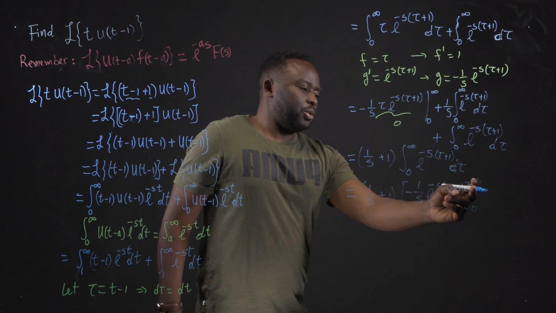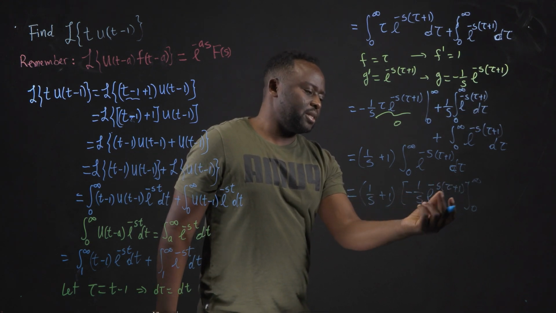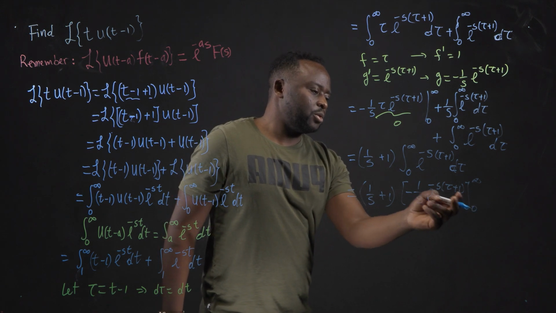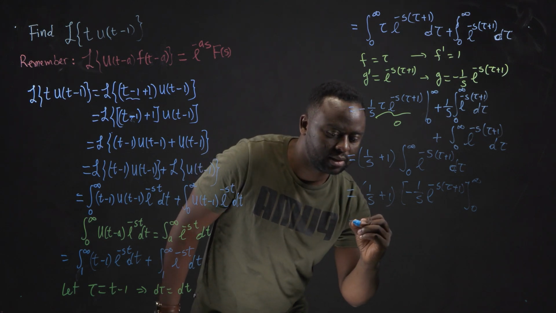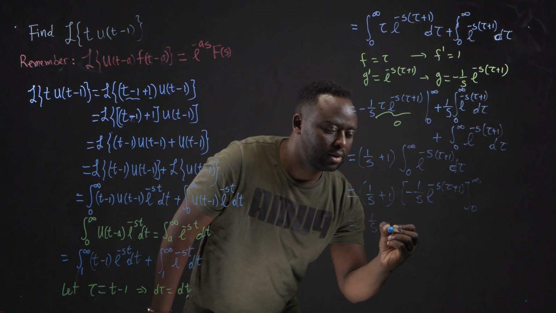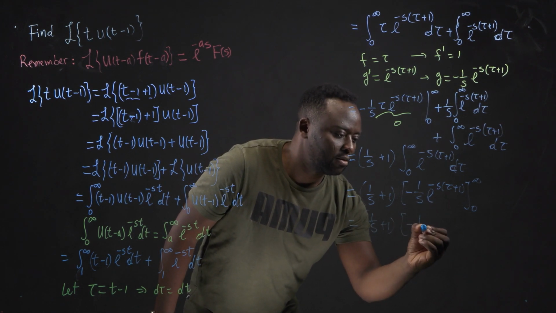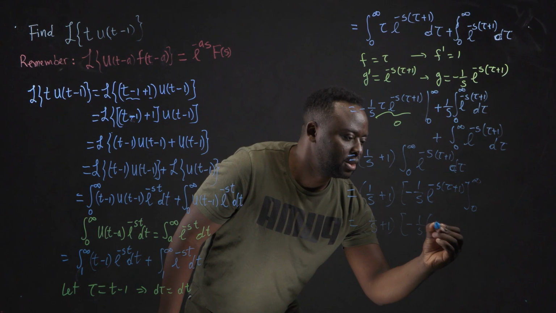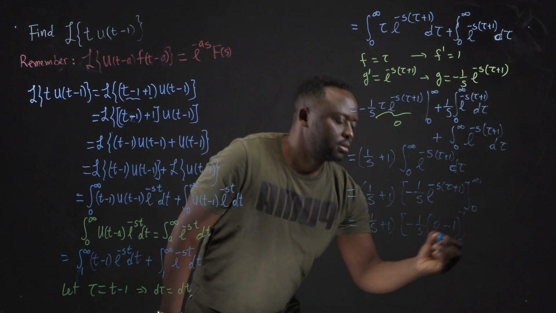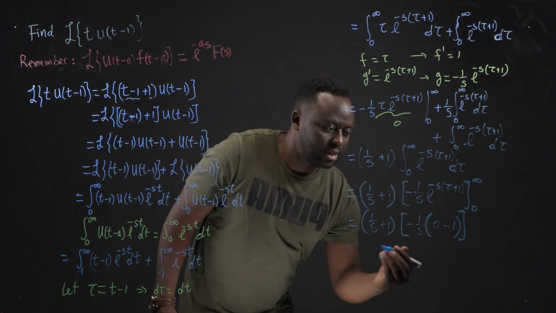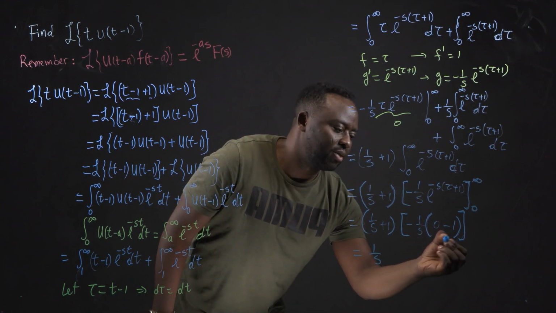Again, we substitute the limit here. This is e to the power minus infinity, that's 0. And when we substitute tau by 0, we have e to the power 0, which is 1. So this is 1 over s plus 1 times minus 1 over s times 0 minus 1.